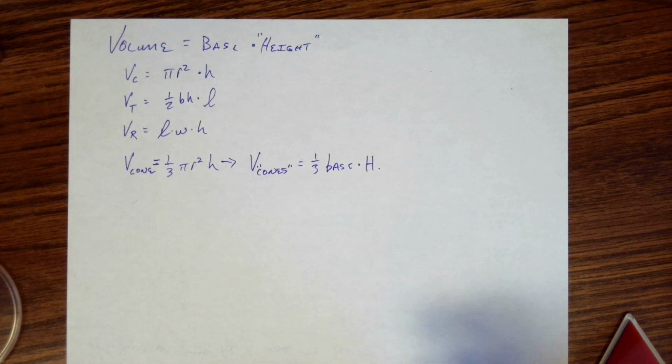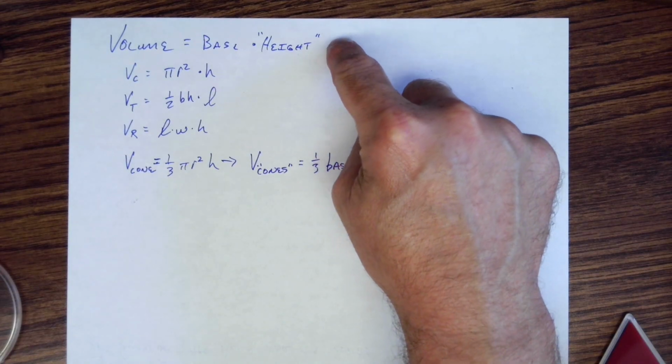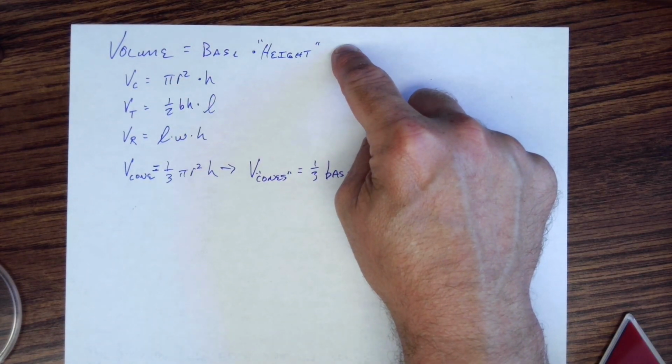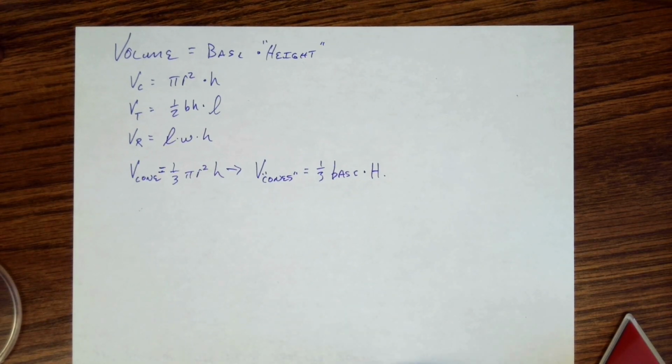Regardless, I can give you hundreds and hundreds of shapes. And if you remember that your cones, quote unquote, are 1/3 the base times the height, and that the volume of your other objects, they don't have to be regular, they just have to be prisms essentially, are base times height, that can get you through 99% of all the problems you're going to need to deal with.